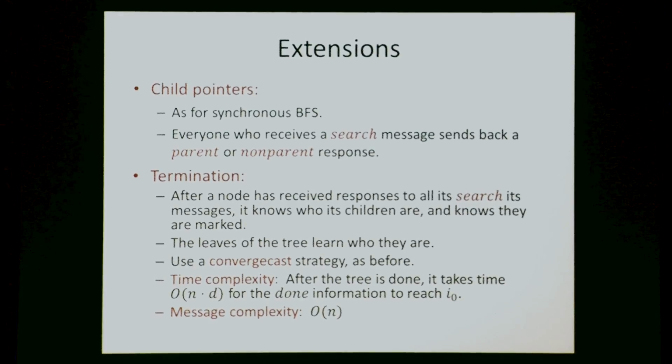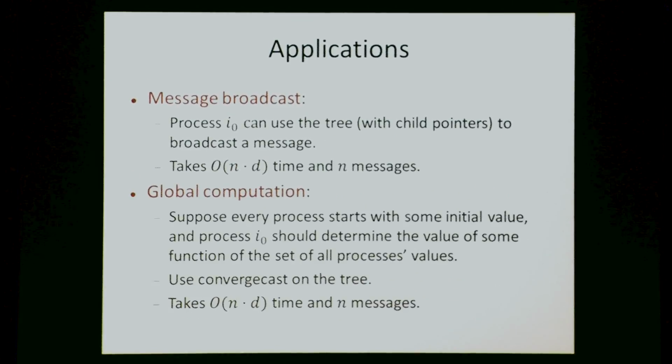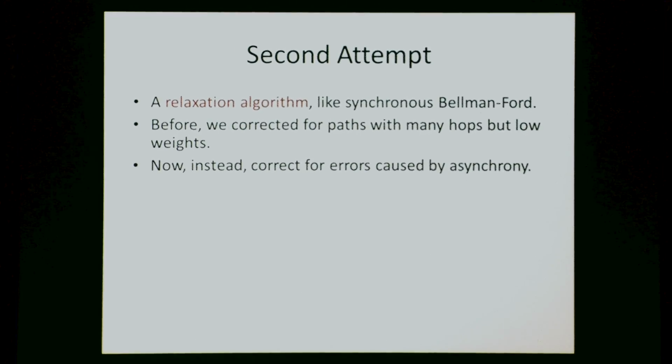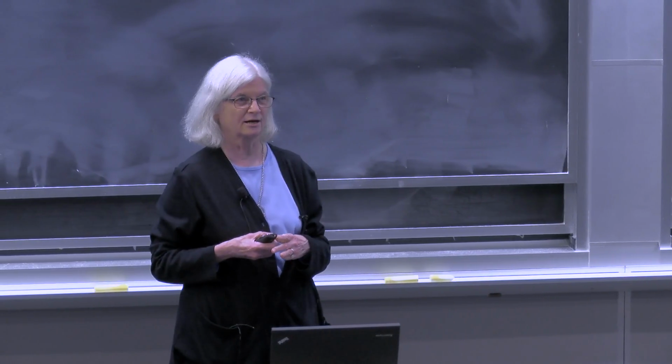Okay, so if you want to show that eventually you get the right answer, you have to do something with the timing. You have to say something like, by a certain time that depends on the distance. Well, if there's an at most r hop path to a node, then it will learn about that by a certain time.